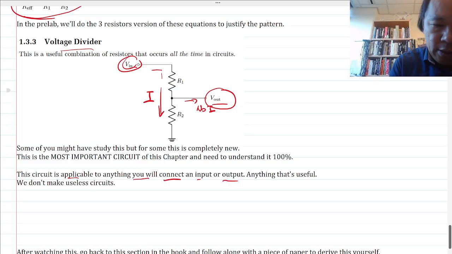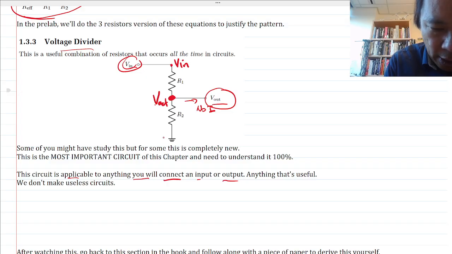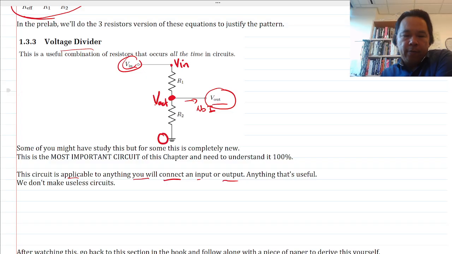So how do I figure out what V out is? I have V in right before resistor 1, then I'm going to call this middle point V out, and down here is ground, which we're just going to set to 0.